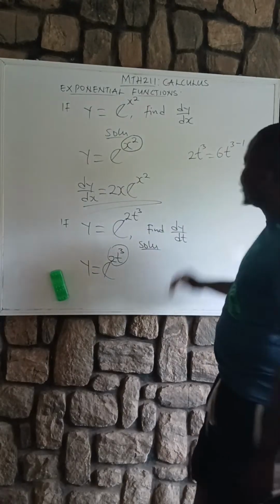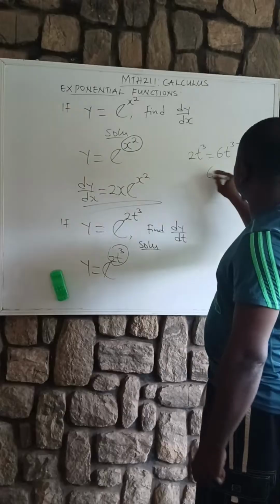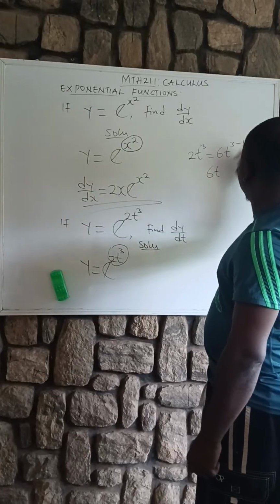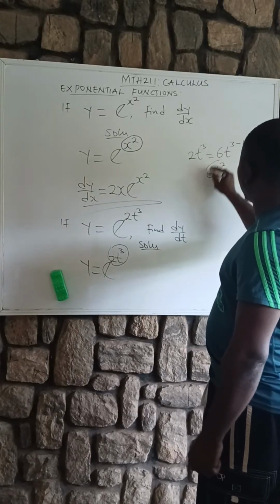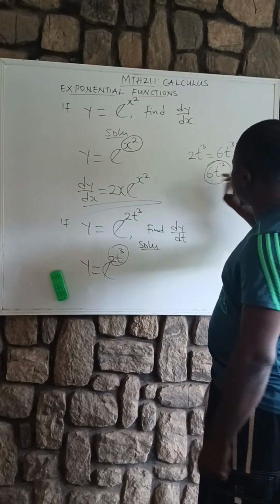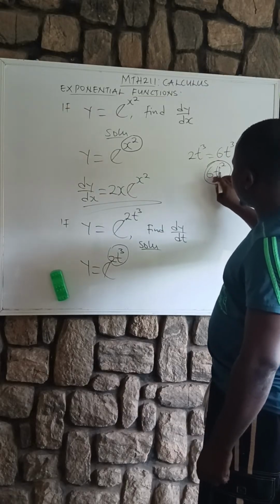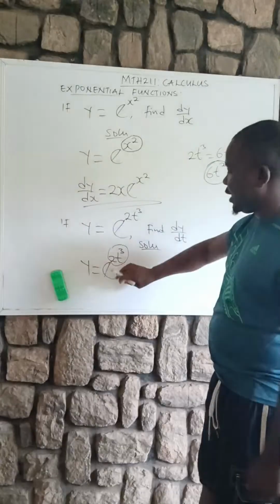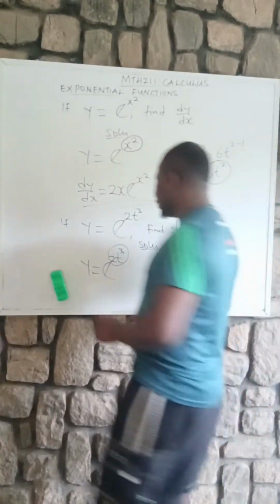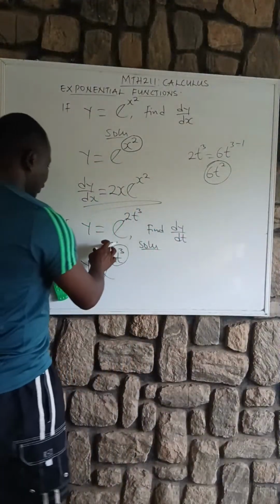So 6t raised to 3 minus 1 is 2. So you use this answer to multiply this. That is all.